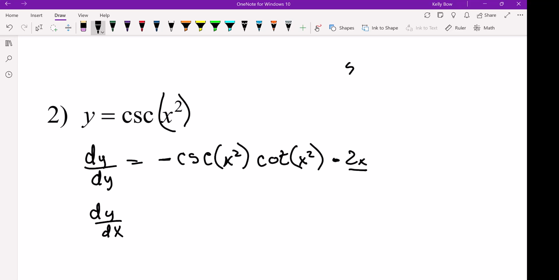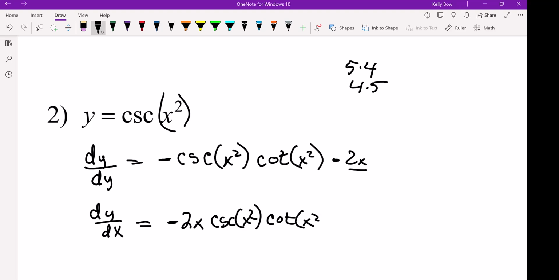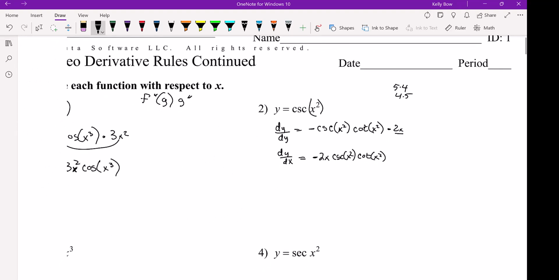Because remember, 5 times 4 means the same thing as 4 times 5. All of this is multiplication. It just is better form for this to then say negative 2x times cosecant theta, which is x squared, times cotangent theta, which is x squared.